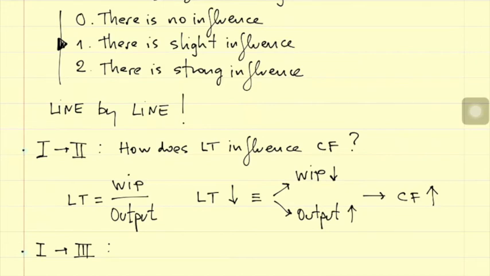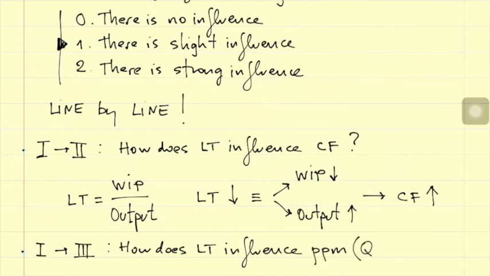This implies that the cash flow goes up. So, and you will need to be writing this down. How does lead time influence parts per million? Let's say quality.